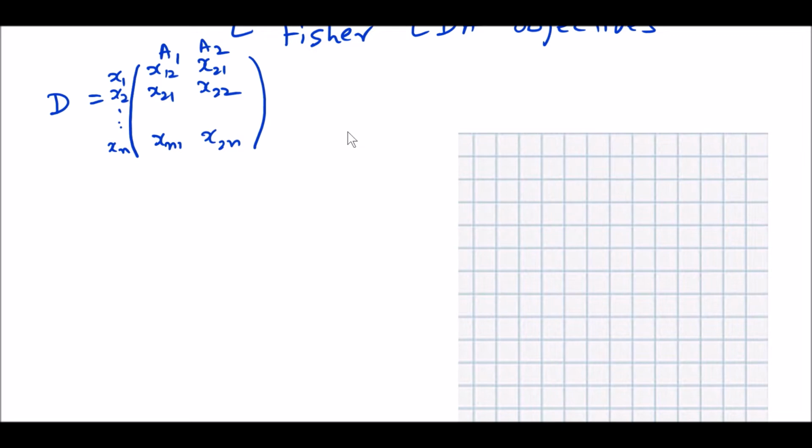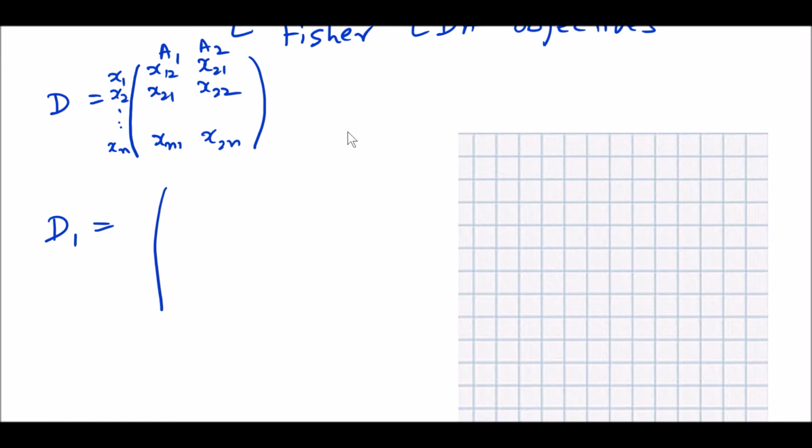But for this particular problem, because we are looking at maximizing the separation between two classes, let's take two different matrices. One is data matrix 1, with data of class 1.